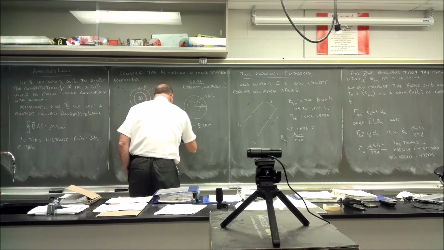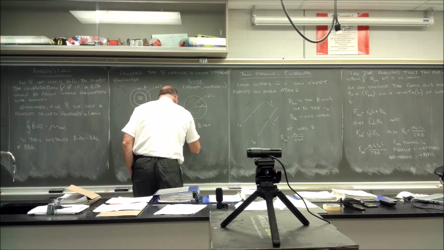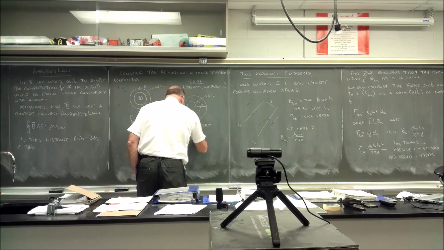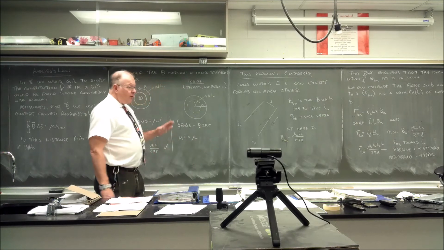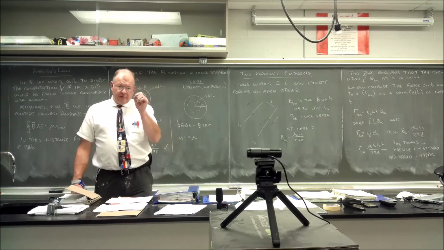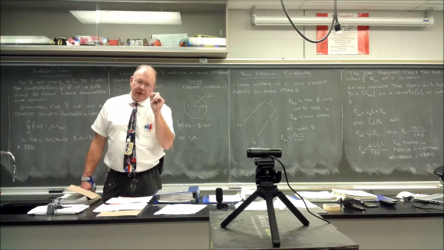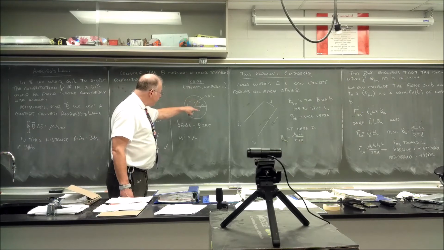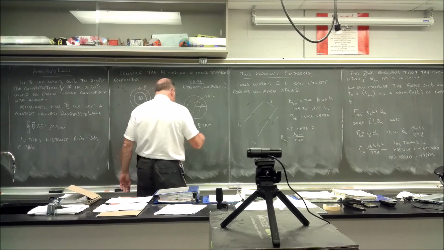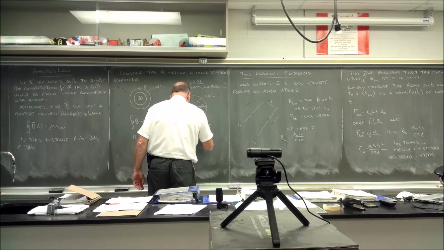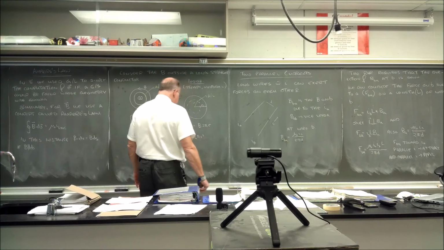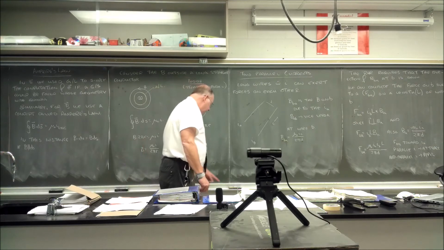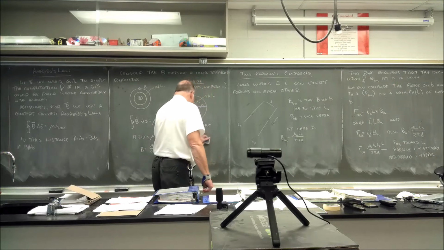And mu naught I is going to equal mu naught, but now we want to know the current that's enclosed by the Amperian loop, which will be the area here, okay? So this is going to be pi r squared. Now we have to scale this, so let's do it a separate way here.